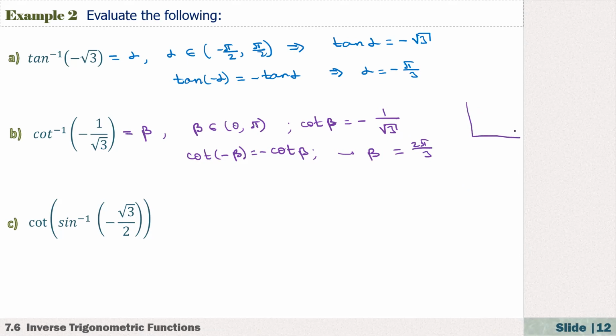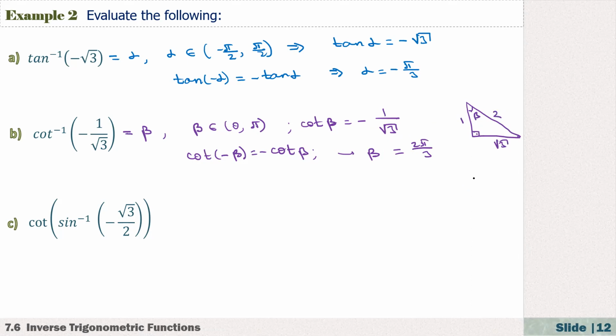Immediately you can just draw a reference right angle triangle. If this angle is, let's say, beta, since we are talking about cotangent, it is adjacent side to opposite side. That is square root of 3, which means that the hypotenuse is equal to 2, right?